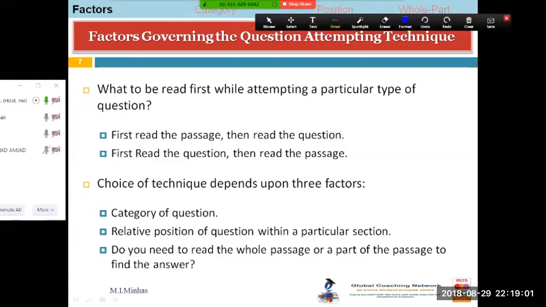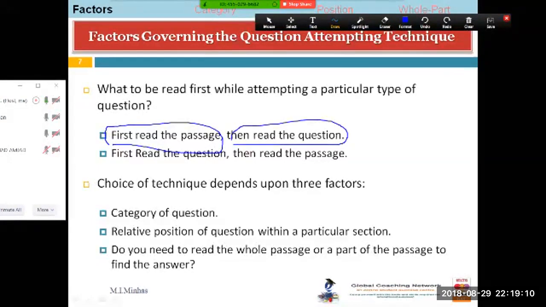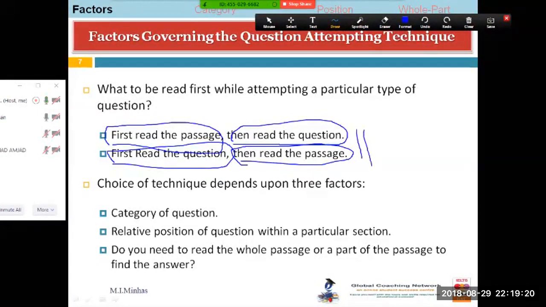Now, I told you that in some kinds of questions, you have to read the passage first, and then the question. And in some other types of question, you have to read the question first and then the passage. And this choice depends on 3 things. First thing was the category of questions.